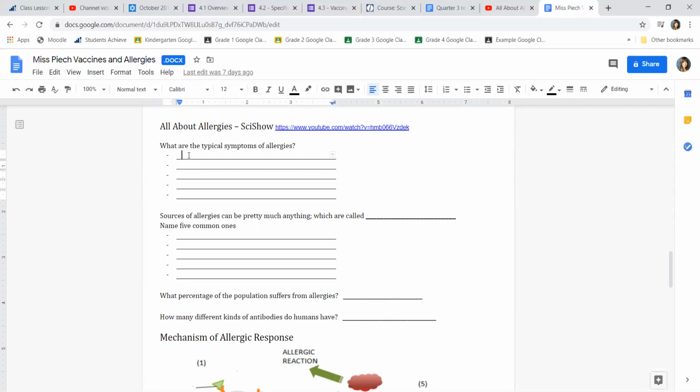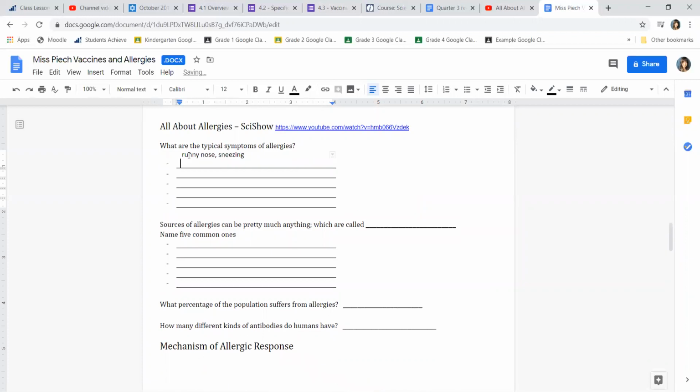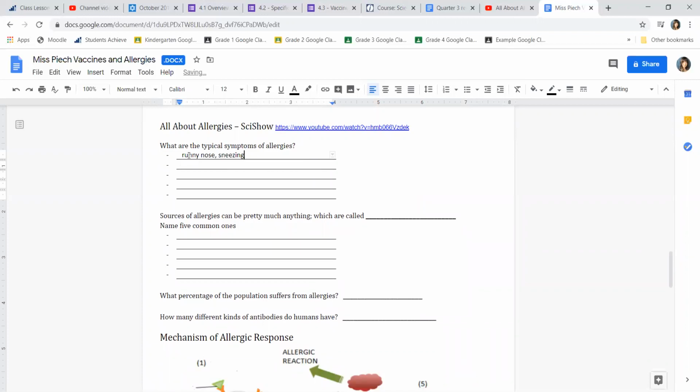So for typical symptoms of allergies, it could be things like runny nose, sneezing, and also a cough. Think of things almost like what a cold is.